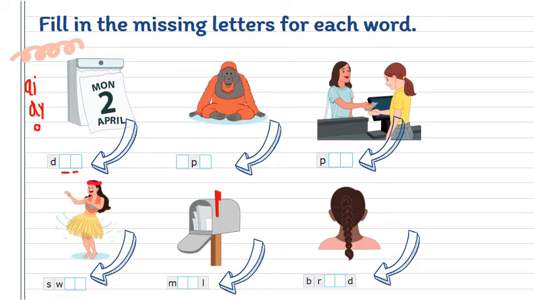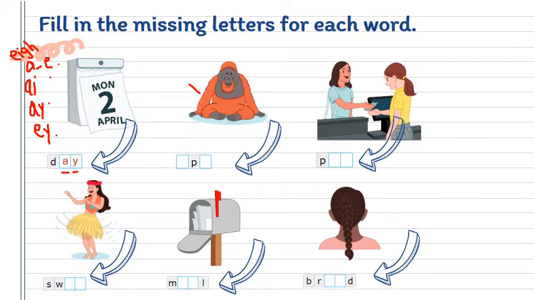Is it E-Y? Or is it A, then consonant, then E? Or is it E, I, G, H? Which one? I need two letters, right? What do you think? Day. Day should be with A and Y.